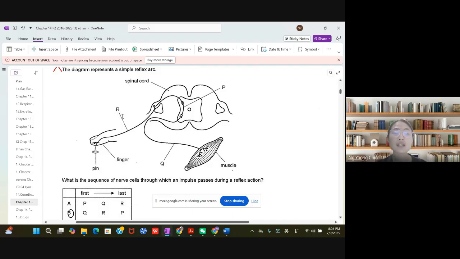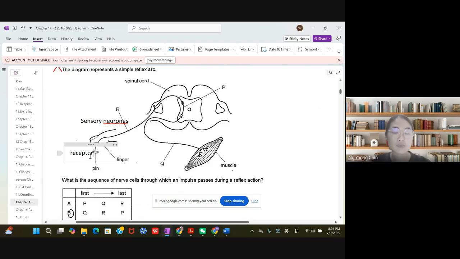So R is referred to as the sensory neuron. How am I able to identify it as a sensory neuron? Because I can see it is connected to the receptor under our skin.